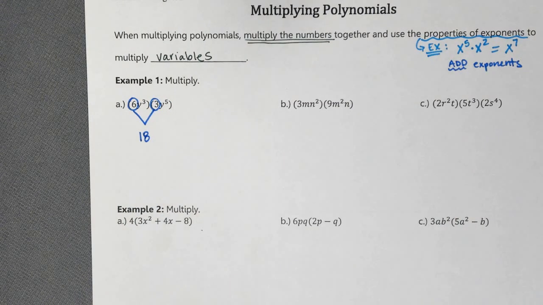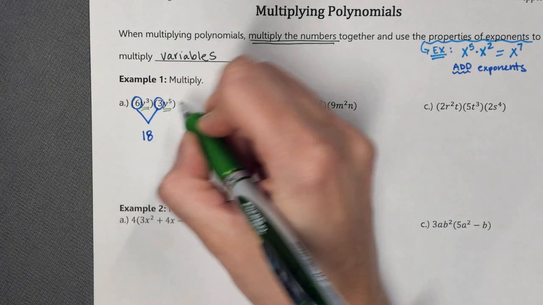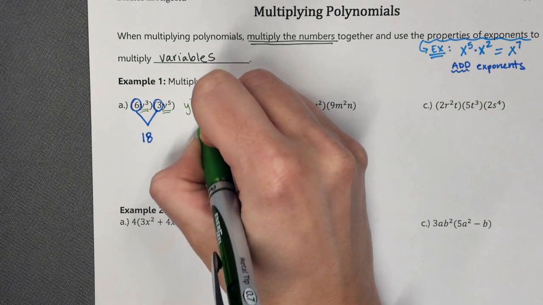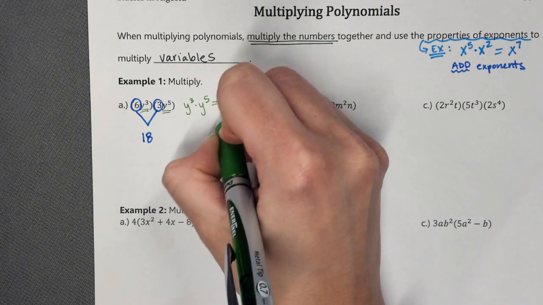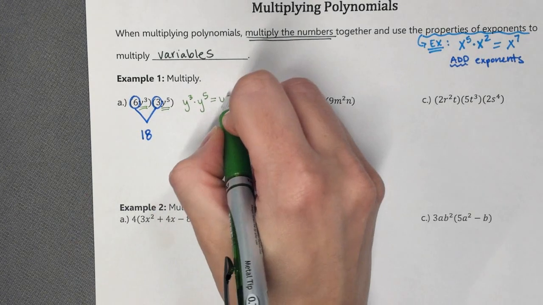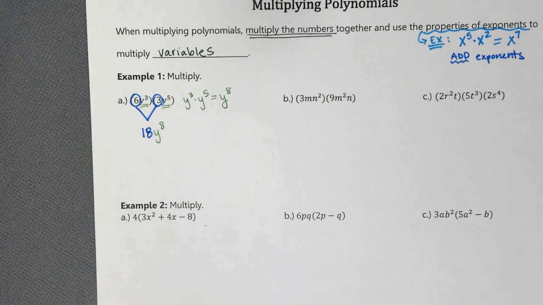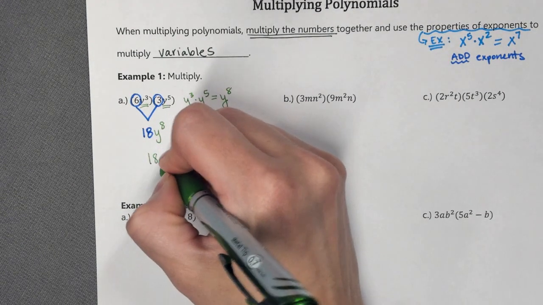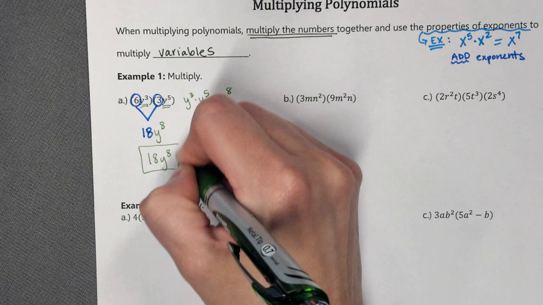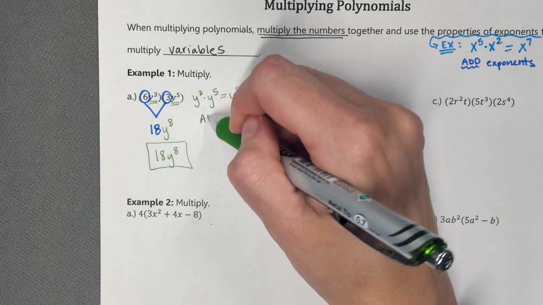And then you're multiplying y to the 3rd times y to the 5th, and that's going to be y to what power? 8. You're just going to put that right next to it. So 18y to the 8th, that's your final answer. You're going to add those exponents together.